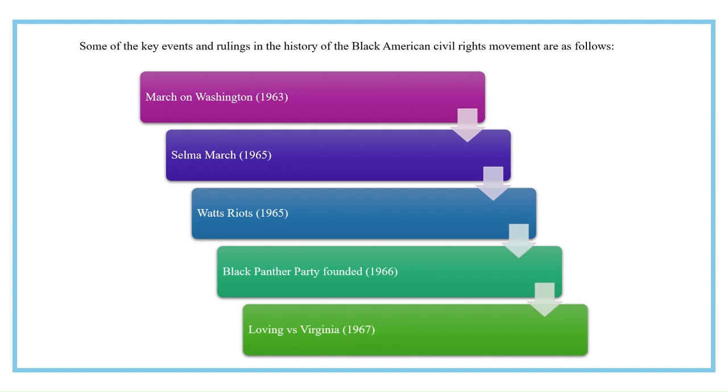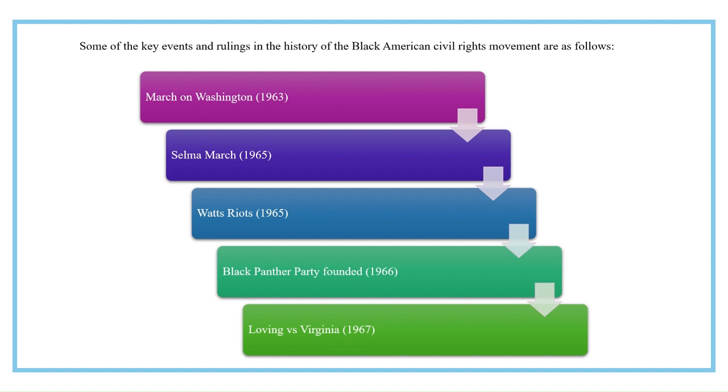10. Loving versus Virginia, 1967. Richard Loving, a white man, and Mildred Jeter, a woman of mixed African American and Native American ancestry, had pleaded guilty to having violated Virginia state law prohibiting a white person and a colored person from leaving the state to be married and returning to live as man and wife.